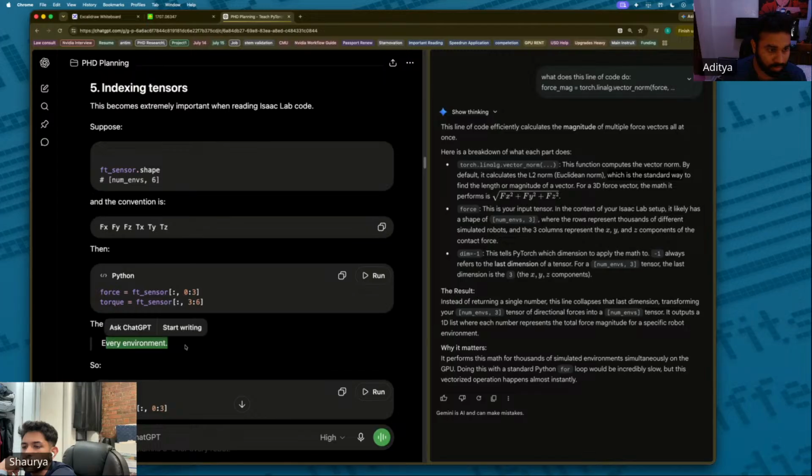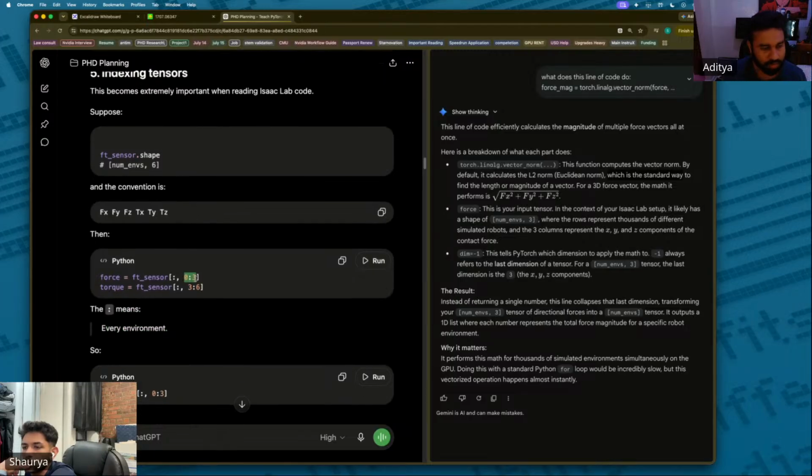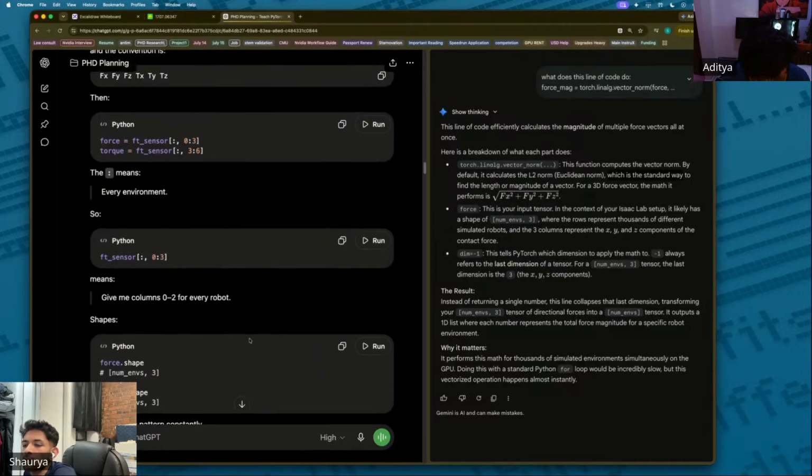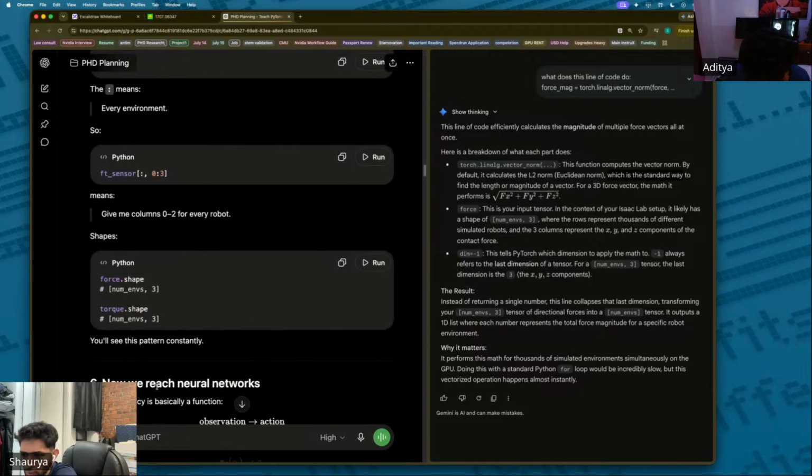This means every environment, 0 to 3 and 3 to 6 of ft_sensor. So ft_sensor means give me the columns 0 to 2 for every robot. Oh, okay. Give me the columns 0 to 2 for every robot, and force.shape, torque.shape is num_envs, comma 3, comma 3. You'll see the pattern constantly.